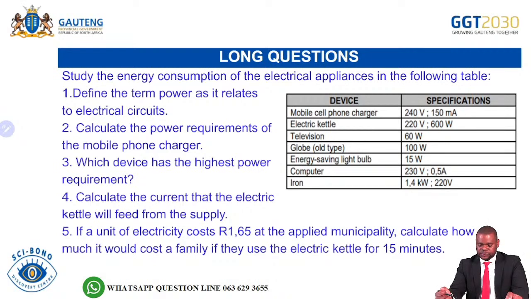Electric iron is 1.4 kilowatts. Kilo means 1,000, so 1,400 watts.